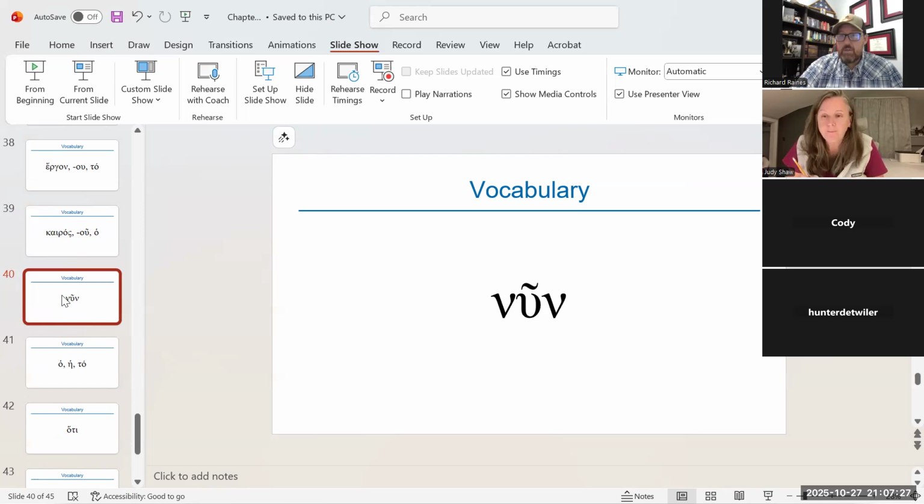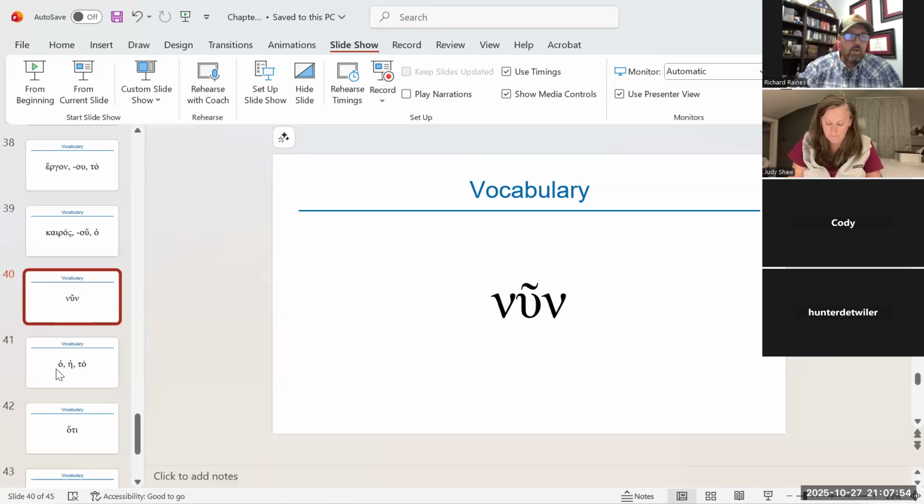Depending on whether it's being used as an adverb, which we're going to get to, you don't have to worry about it right this second, but whether it's used as an adverb or a noun will change the meaning somewhat. But it's not really changed that much, because now and the present are the same time. You would just translate it differently depending on whether it's a noun or an adverb.